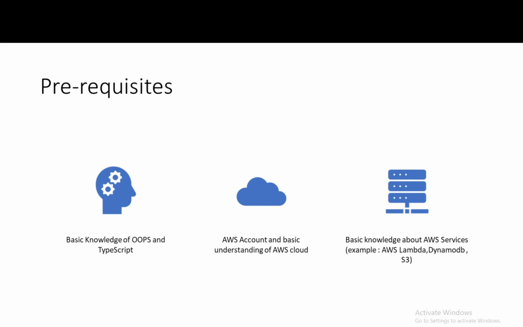If you watch the upcoming videos of the masterclass, you will see that we are going to create a constructor, we are going to import the libraries, we are going to create strings or literals. Whatever OOPS concepts are there in C Sharp or Java remain the same in AWS CDK. The second point is we need to have an AWS account, and a basic understanding of AWS cloud.